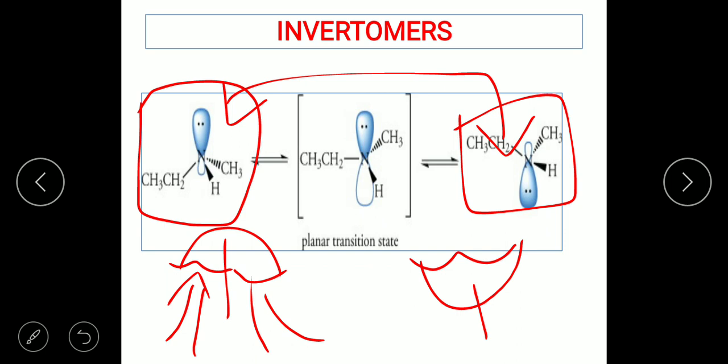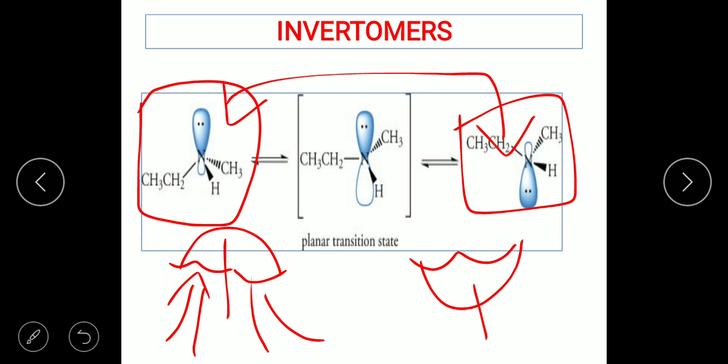And this can be seen in chiral amines only when the nitrogen has a lone pair on it. That is, the lone pair on nitrogen is not involved, and has not formed any bond with any other atom, so it is not a tetravalent nitrogen.